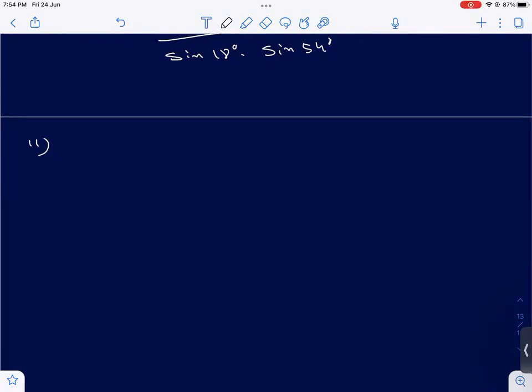Sum number 11. In this way also we have to arrange pairwise so that we get a common factor. So 3, 9, 5, 7. Directly I am solving this sum. Let us rearrange: sin 9 theta with sin 3 theta, and sin 5 theta with sin 7 theta. Adding the angles in each pair gives 12, and we get the common factor.